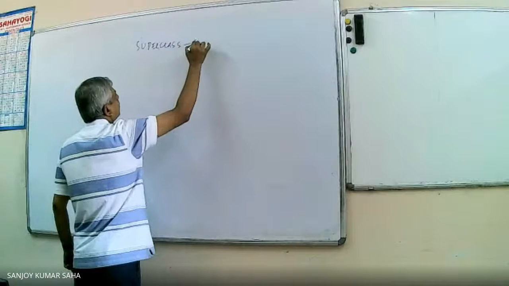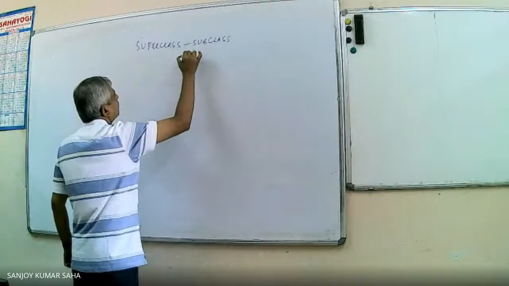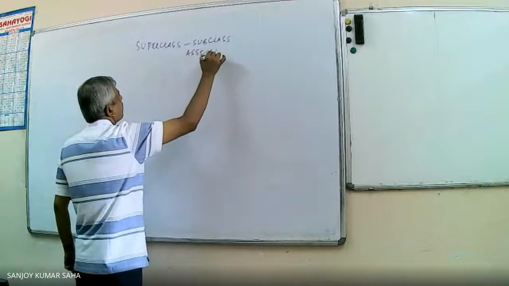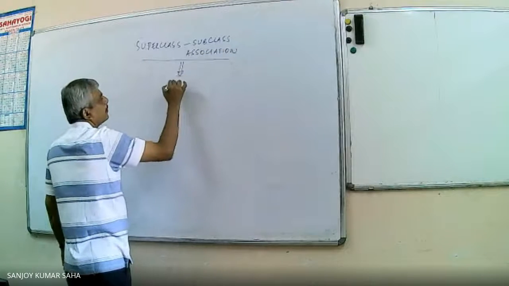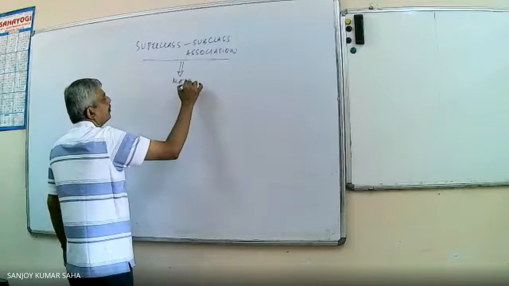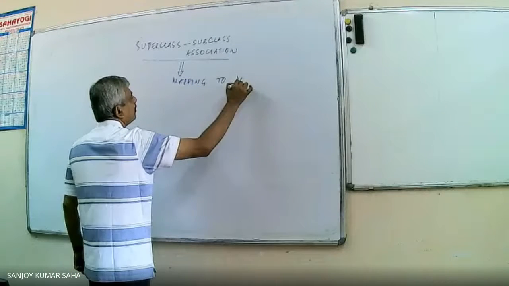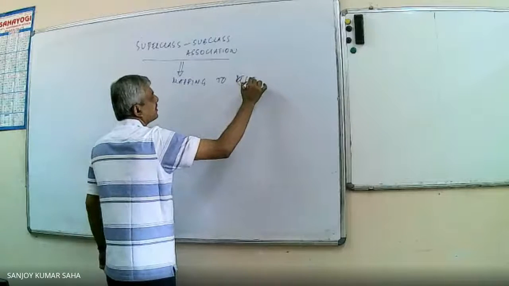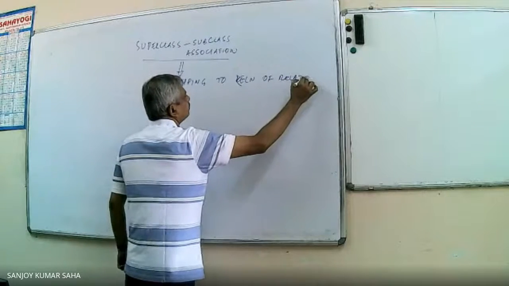Superclass, subclass, this kind of association. So now we talk about mapping of these, mapping to relational model.